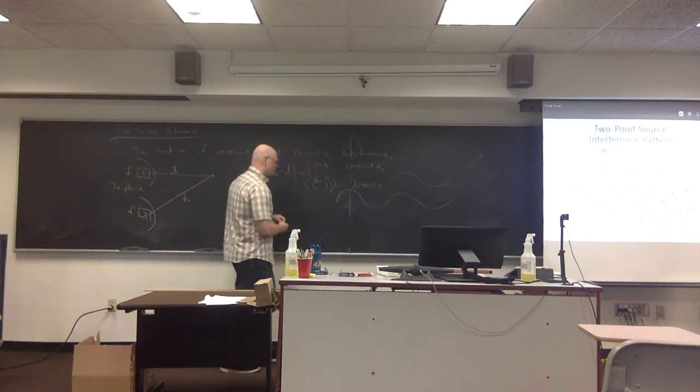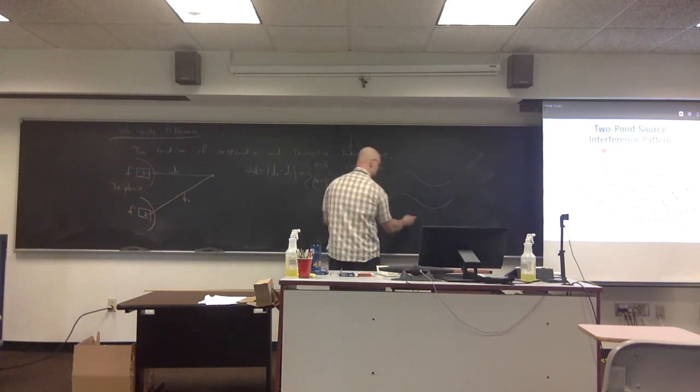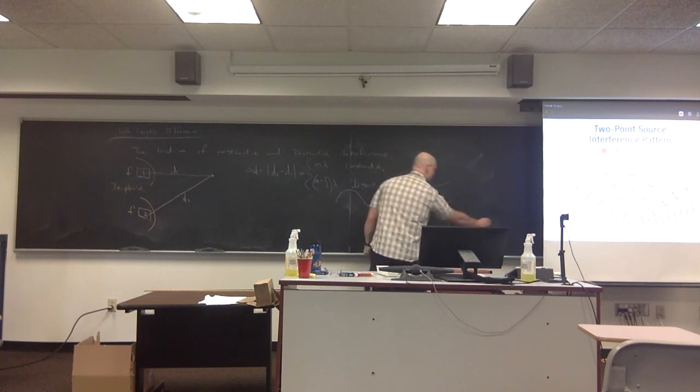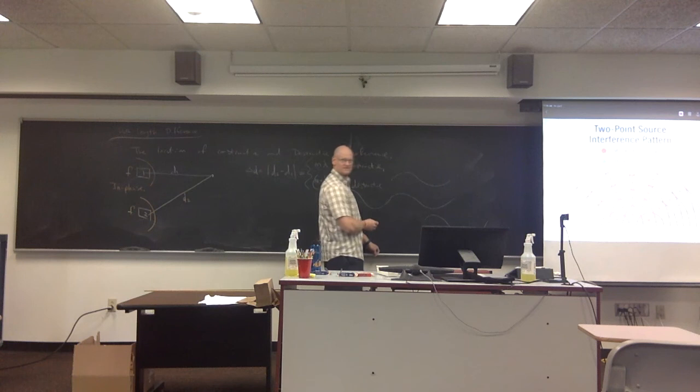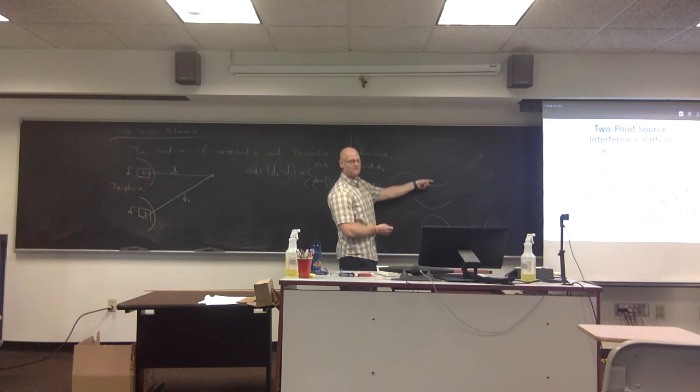This one says, if I take one wave and shift it by half a wavelength, what happens in that case? If I shift this wave by half a wavelength, this wave is coming in like this. The two waves are now completely out of phase, which leads to destructive interference.